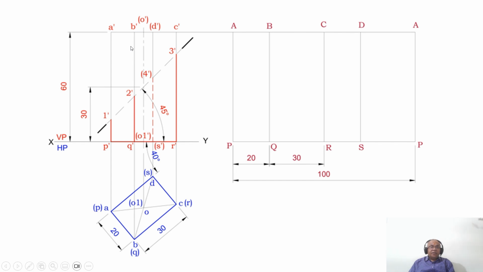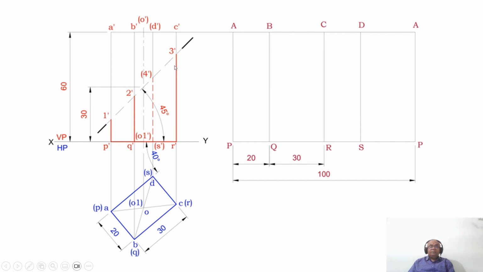Is B dash, Q dash passing through the sectional point? Yes. So you mark that point as 2 dash. After BQ you have CR, so you need not consider this. The manner in which you have opened here, the same thing I need to transfer here. So the CR is the one which is after BC, and you mark those points CR.